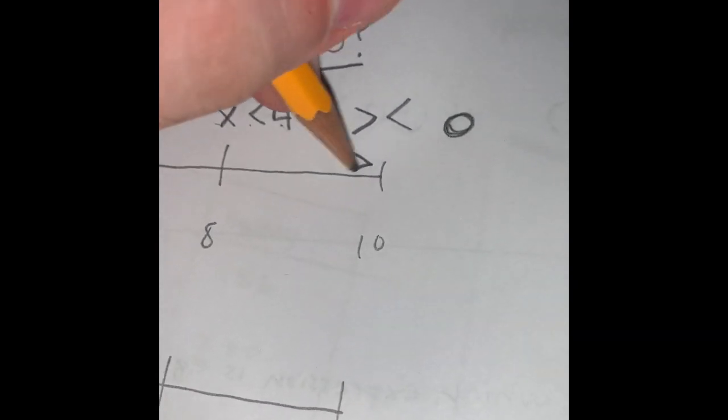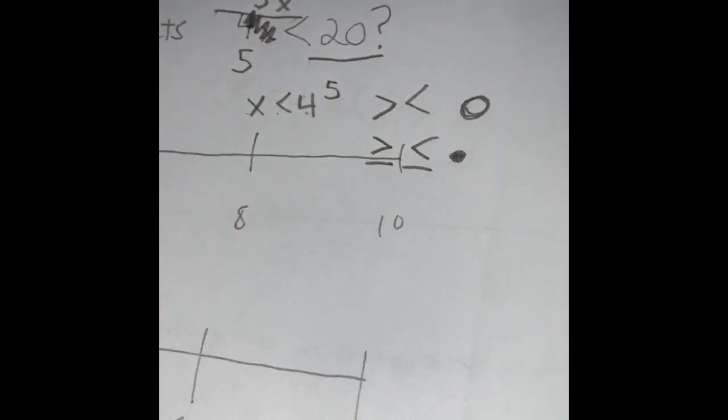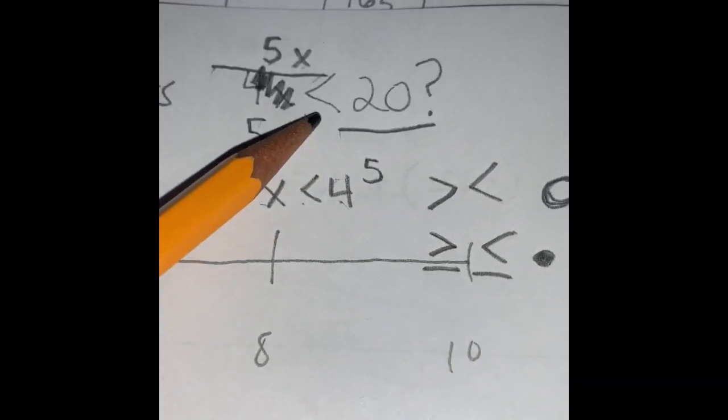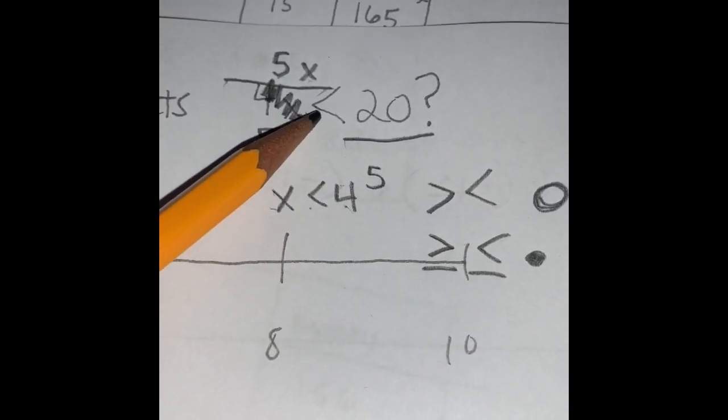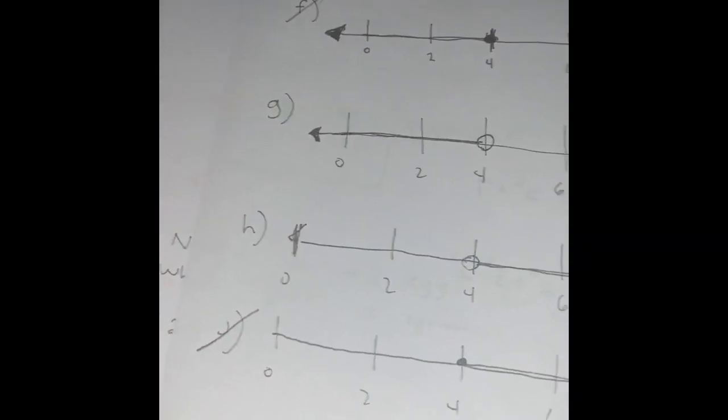When I use the less than or equal to sign or the greater than or equal to sign, then I have to use a closed circle when I'm plotting it on a number line. In this case, since I just used the less than sign, I know I have to use an open circle. For that reason, I can cross off F, and I can also cross off J.